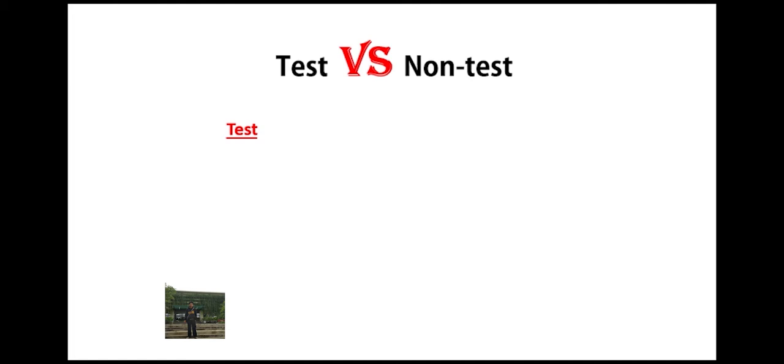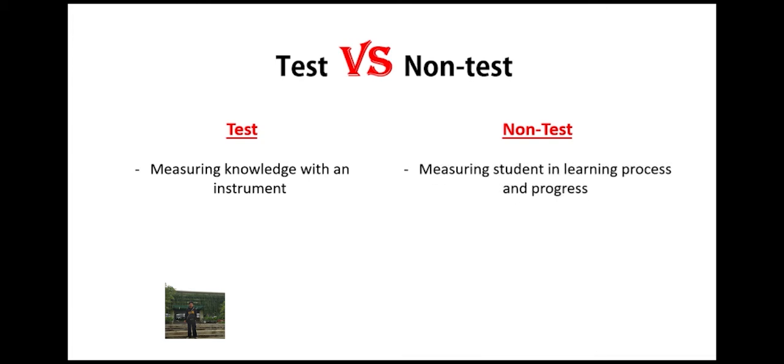Test assessment is a method of measuring a person's ability, knowledge, or performance in a given domain. Assessment test is with instruments, techniques, procedures, or items, while non-test assessment is measuring students in learning process and progress.